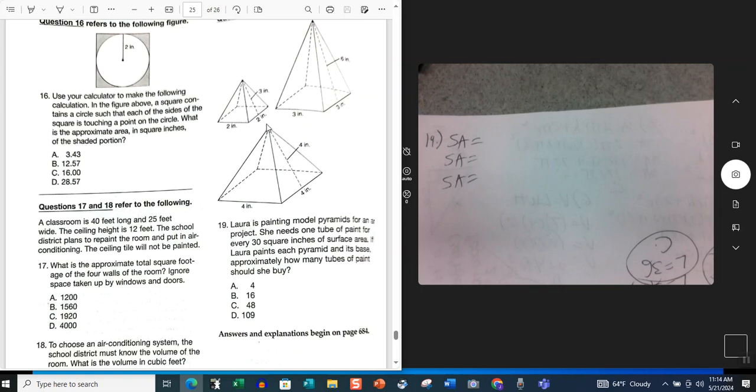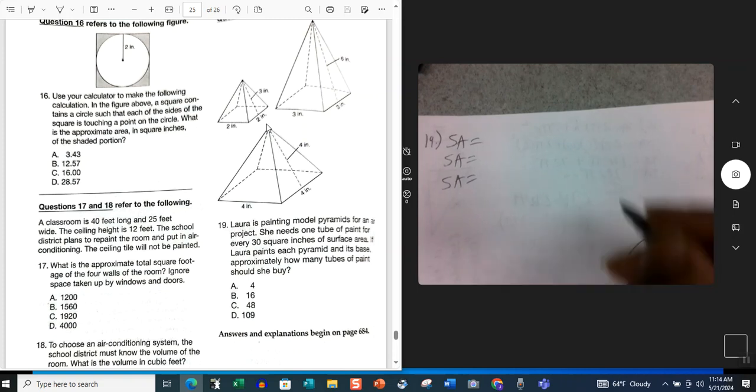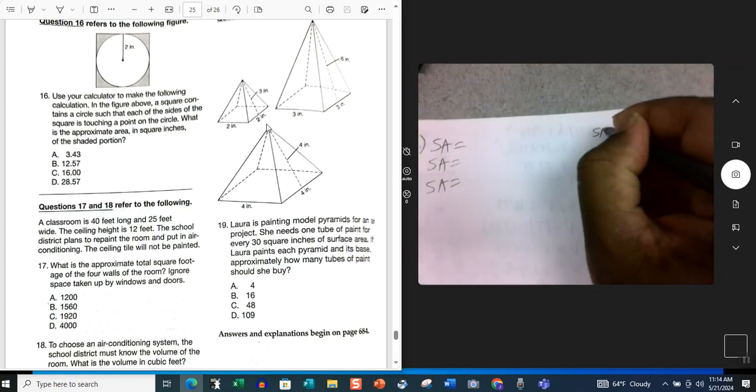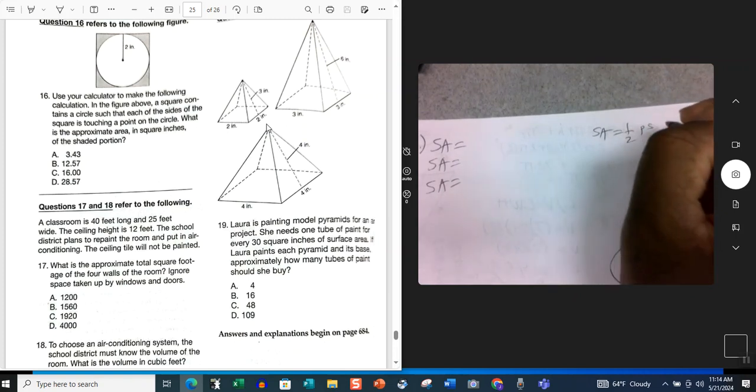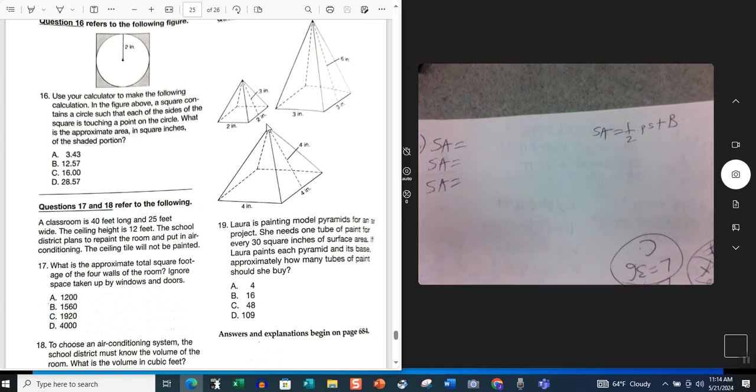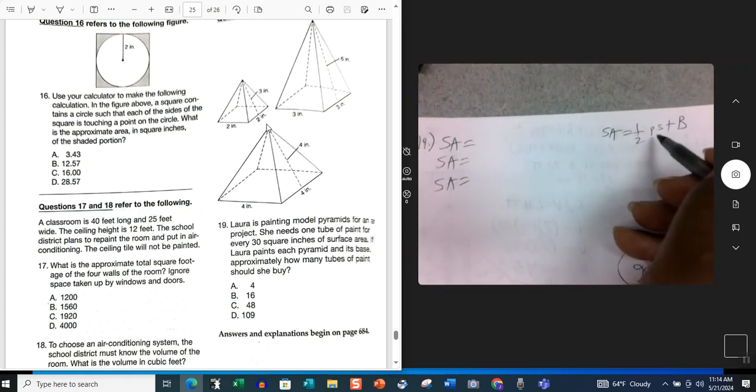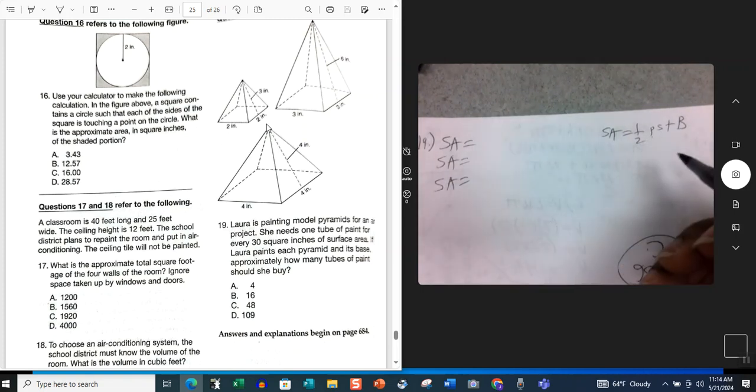Now we know surface area of a pyramid, and I'll write this off to the side. Surface area of a pyramid is 1/2 times the perimeter times the slant height plus the base, and that's the area of the base. And this perimeter is of the base as well.